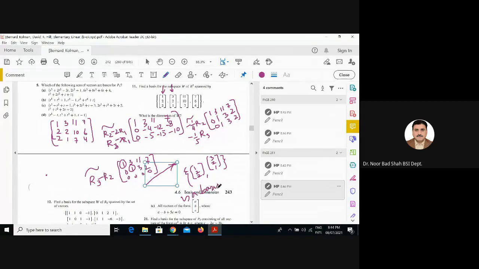It is not a basis for R3 because it contains 2 elements, and a basis of R3 will contain 3 elements. So it is a basis for a subspace of R3.